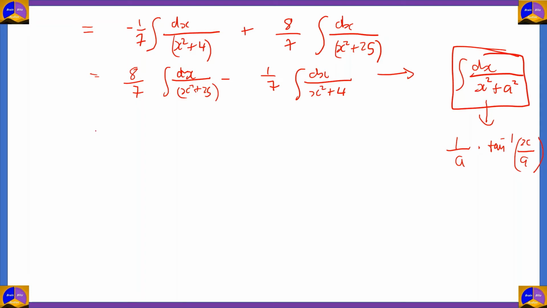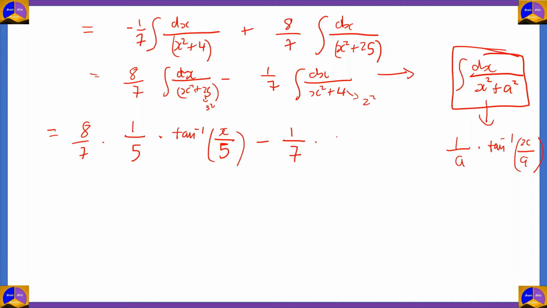So when we put these properties in here, we get 8 by 7 times, 1 by 25 is 5 squared, so 1 by 5 times tan inverse of x by 5. Then minus 1 by 7 times, here 4 is 2 squared, so it is 1 by 2 times tan inverse of x by 2.